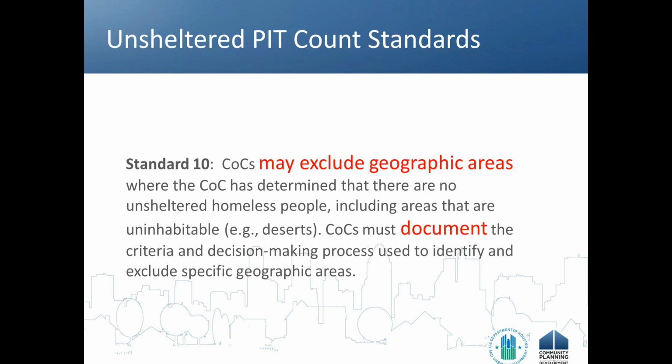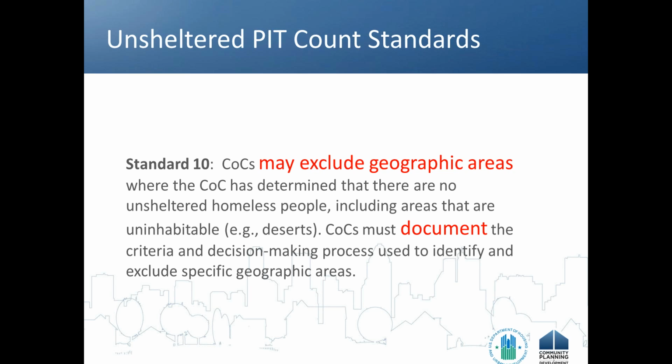The two most common examples here, we get extreme desert areas where really people can't inhabit it. It's just not safe. So we allow for exclusion of that. There's also the opposite. There are some very nice neighborhoods that are gated, and there's just no way that there are homeless people there, or it is highly, highly unlikely.